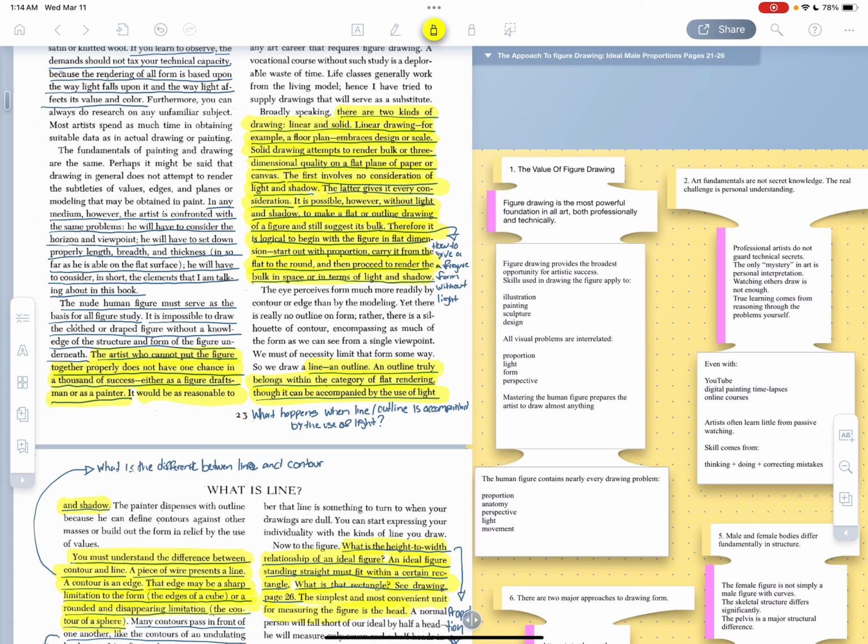It is possible, however, without light and shadow, to make a flat or outline drawing of a figure and still suggest bulk. Therefore, it is logical to begin the figure in two dimensions and start out with proportion. Carry it from the flat to the round, and then proceed to render the bulk in space and in terms of light and shadow.